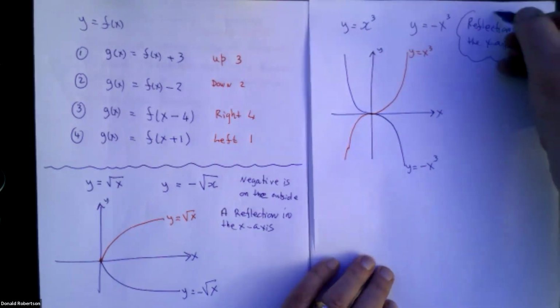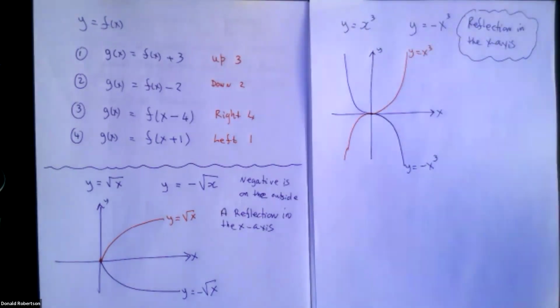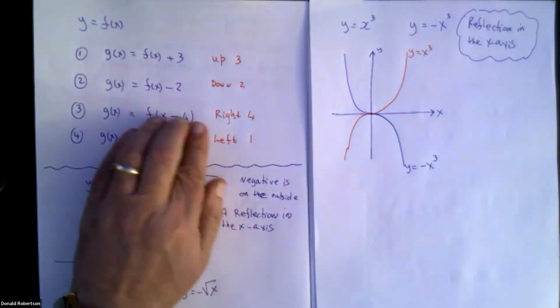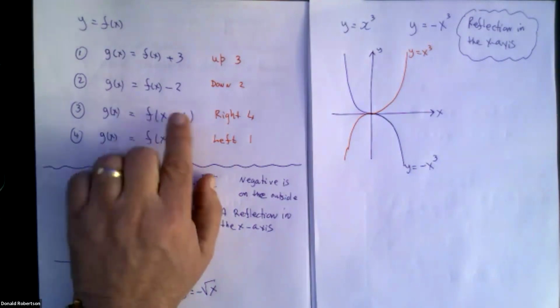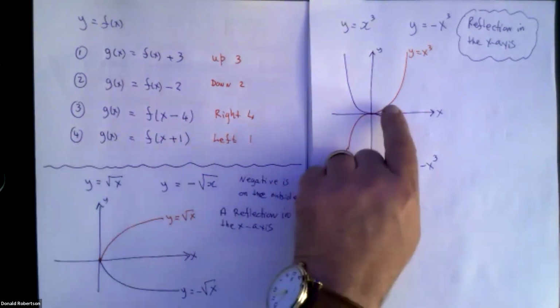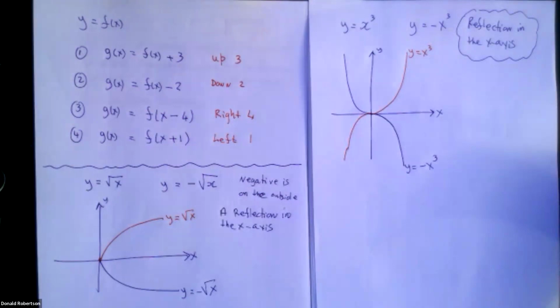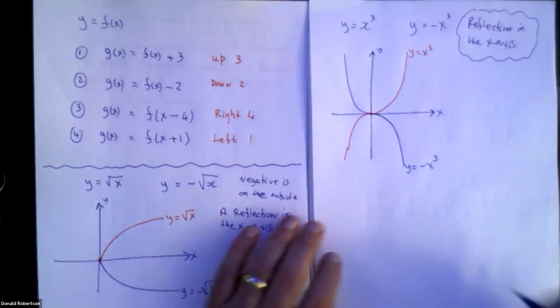I don't know if you've noticed as we've gone through these, but these transformations tend to go together in pairs, up and down, left and right, reflecting the x-axis. Well, what does a reflection in the y-axis look like? What does that transformation do?